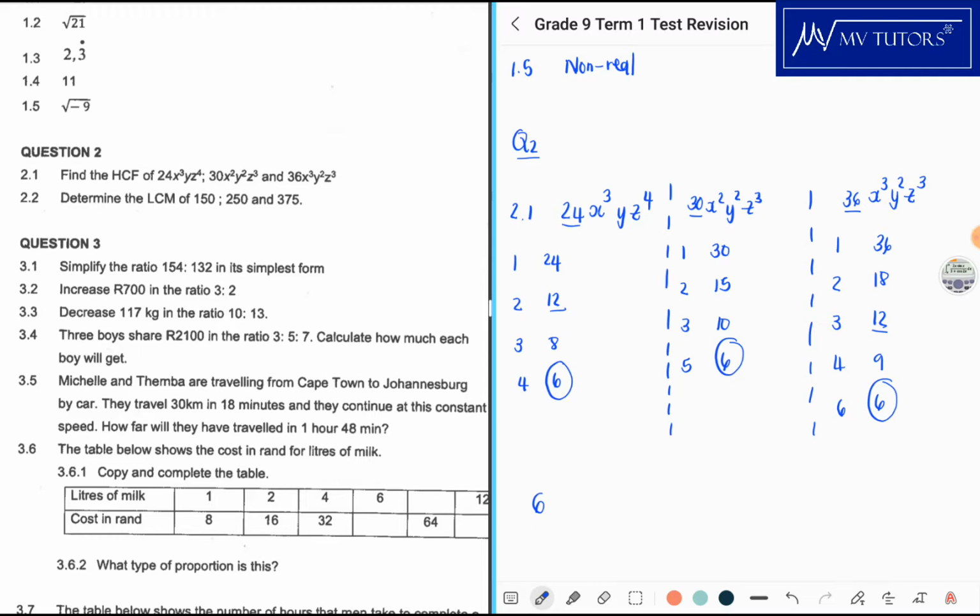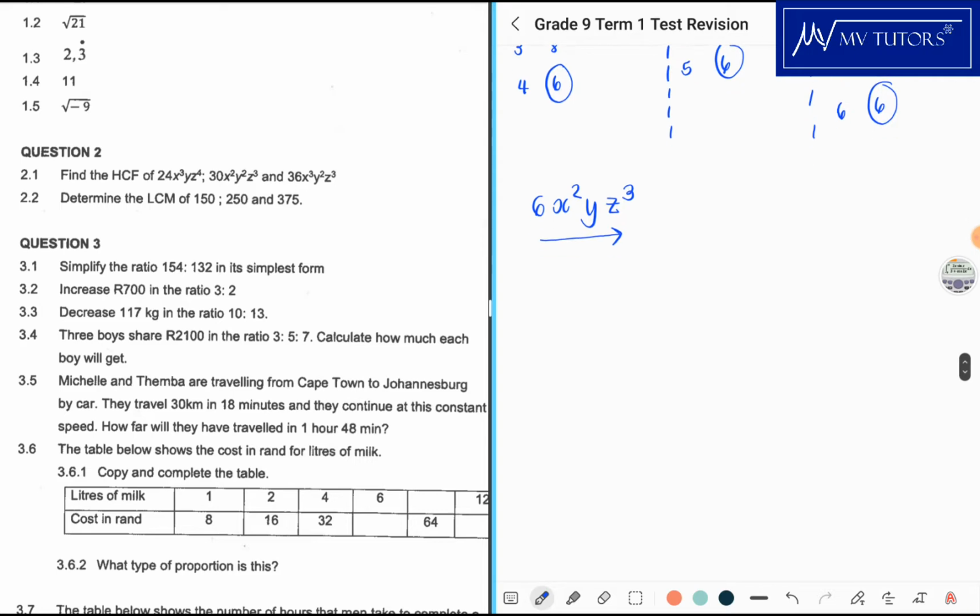We have x cubed, x squared, and x cubed. So x squared would be the highest common factor, right? And then let's go to y. We have y, y squared, y squared. So y is the highest common factor. And z, we have z to the power 4, z to the power 3, z to the power 3. So z to the power 3 it is.